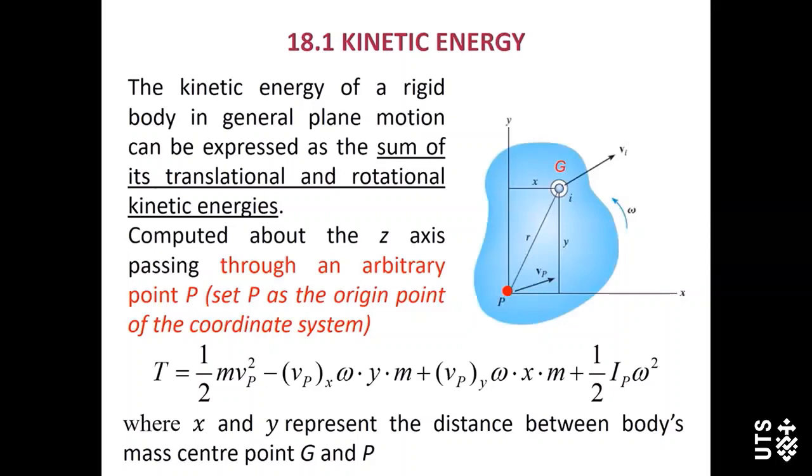For the calculation, we need to select a point in the rigid body. In this diagram, for the rigid body undergoing general plane motion, if we select an arbitrary point P to do the calculation, we can work out an equation like this for its kinetic energy.